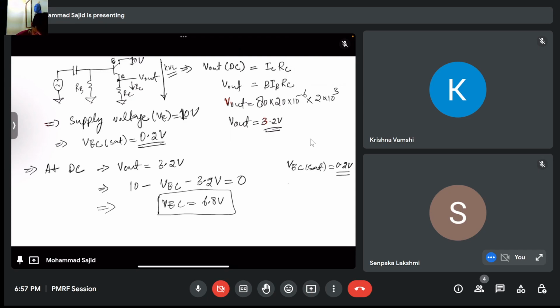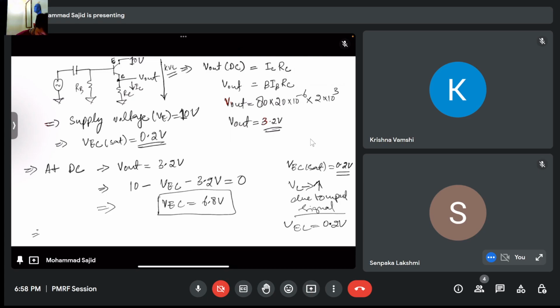So my VC can increase due to input signal, but it should be restricted up to the point where VEC is equivalent to 0.2 volt, right?